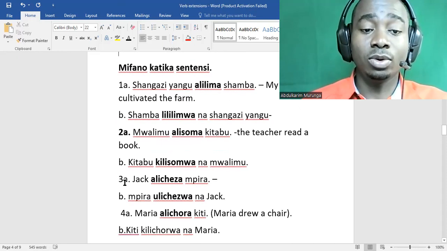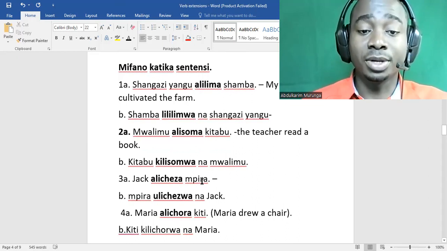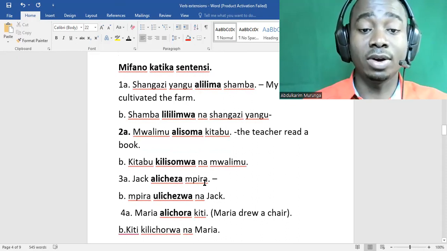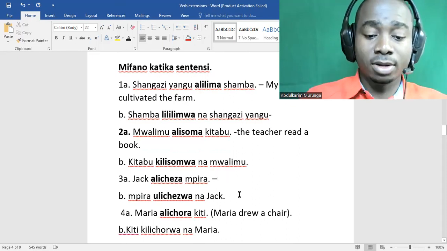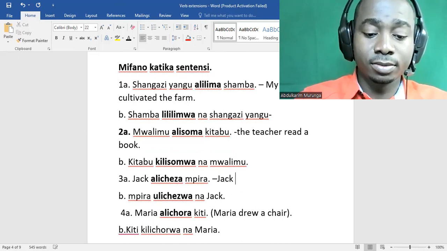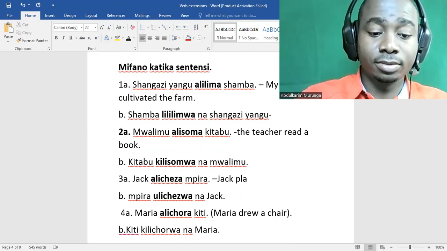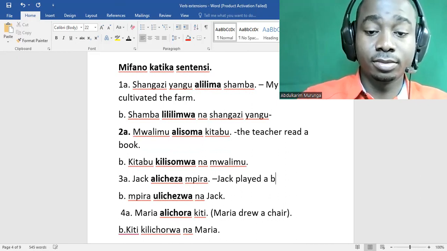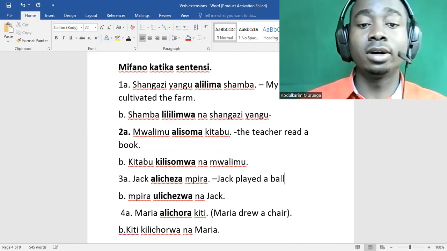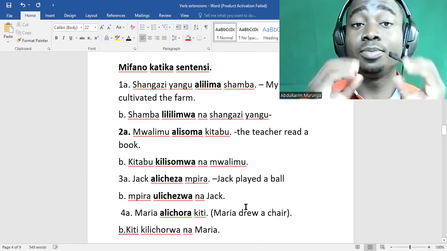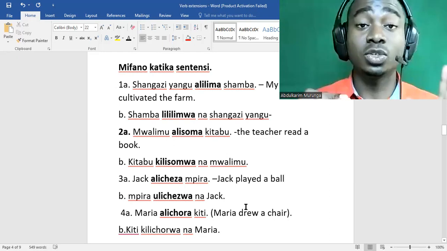The third one, Jack alicheza mpira. Jack played a ball. Mpira ulichezwa na Jack.